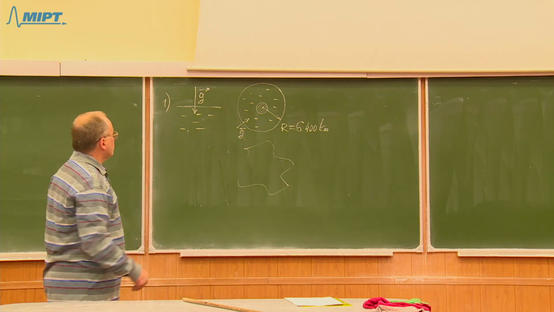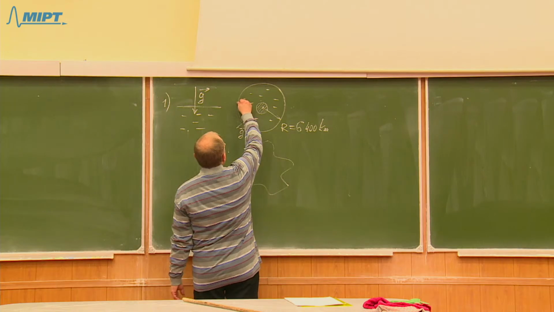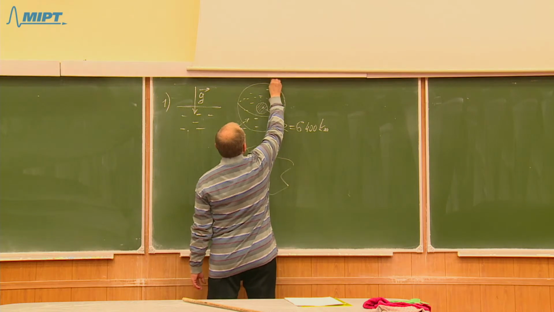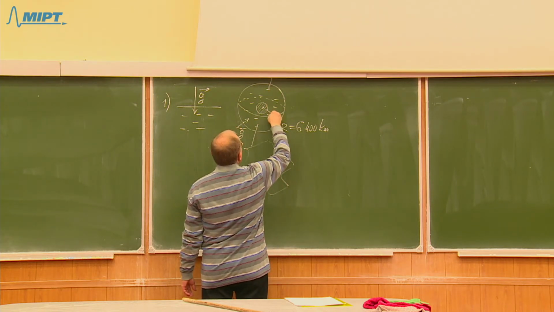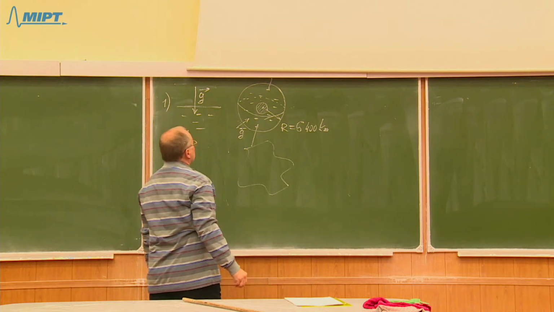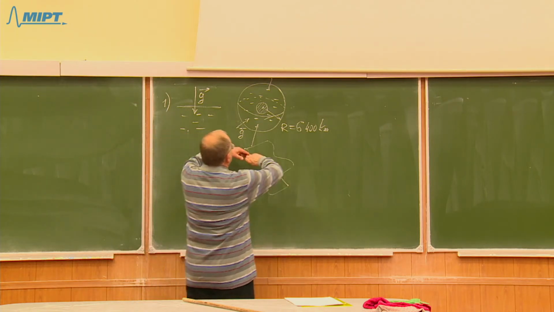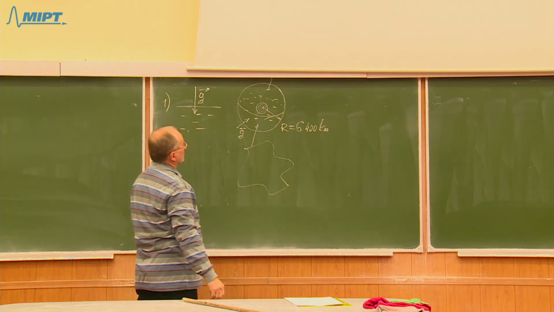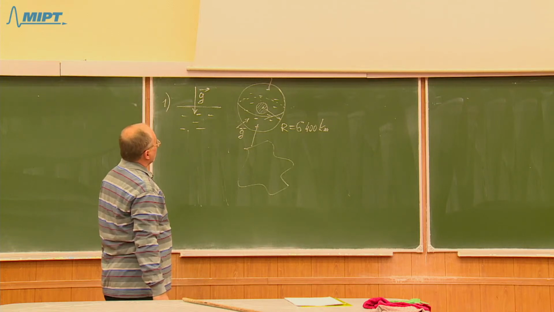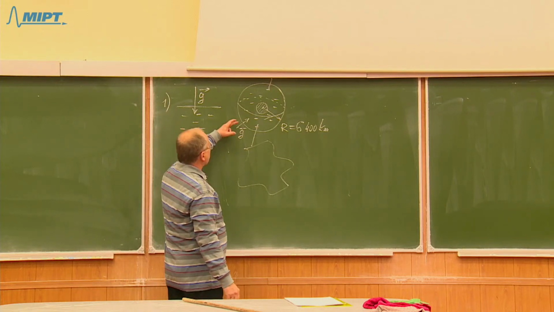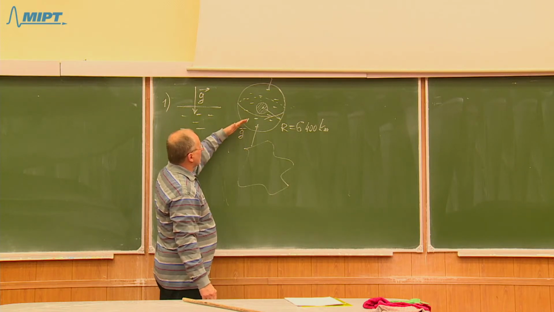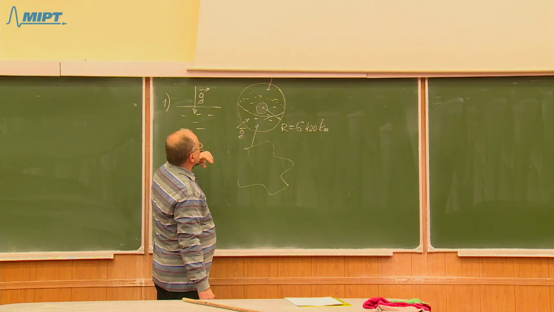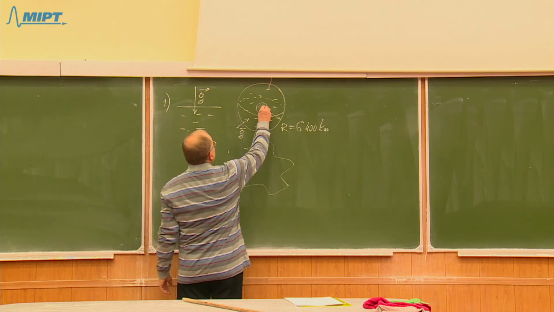But actually, if we recall that a planet is rotating about its axis, then due to the planet's rotation, there are some centrifugal forces in this non-inertial reference system, and these forces deflect the direction of the vector of free fall acceleration, so that it is not actually directed to the center of the planet.